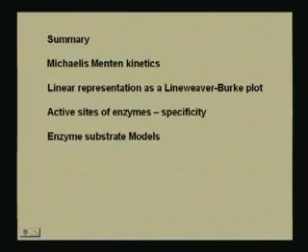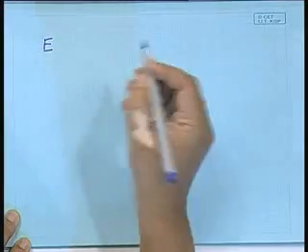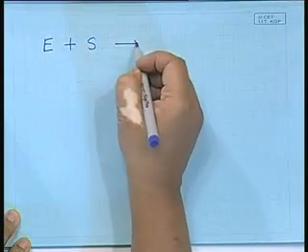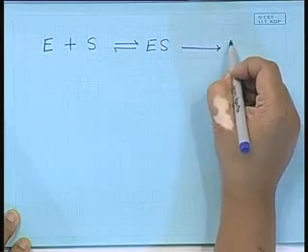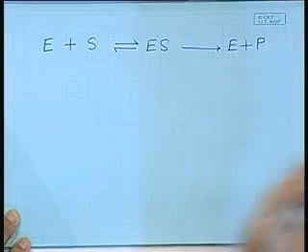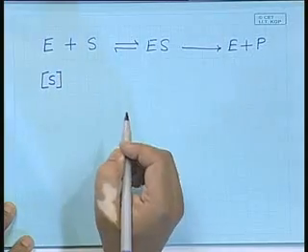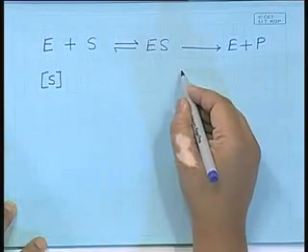Okay. Now what we are going to do is we are going to work out a specific problem where we are going to find out the Vmax of a particular reaction or particular enzyme substrate complex. So we have our enzyme concentration, we have our enzyme plus the substrate, that is giving us the enzyme substrate complex that eventually gives us the E plus P. Now, if I have a set of substrate concentrations, what do I need now if I want to calculate?